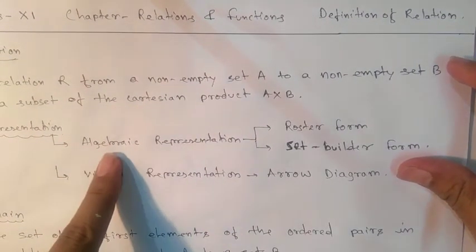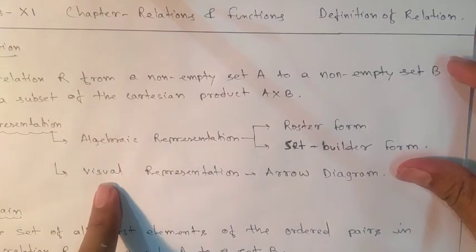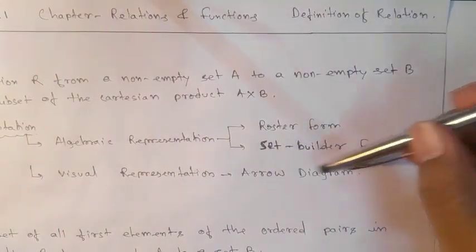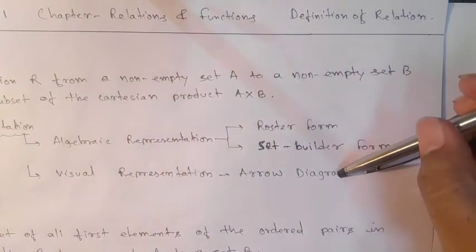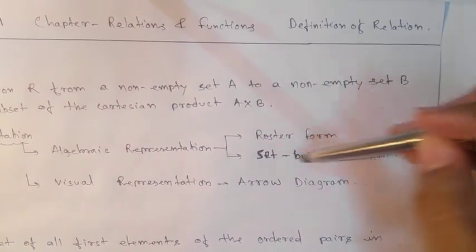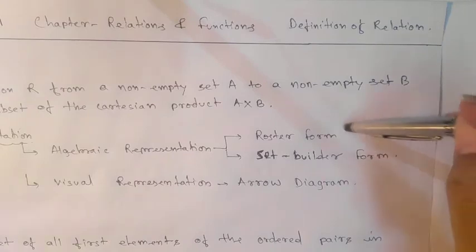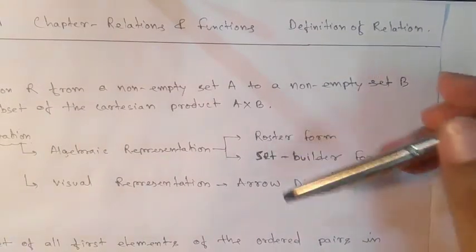One is algebraic and another is visual. In visual, we have the arrow diagram. Roster form and set builder form we have already seen in your set chapter. When we do a few problems, we'll go with those also.